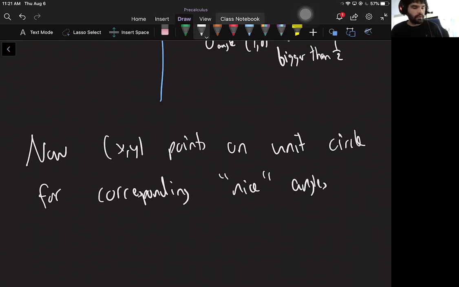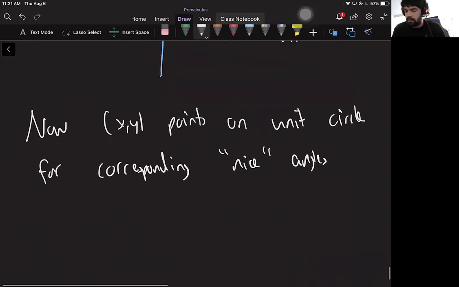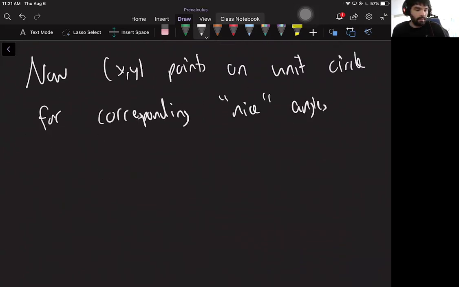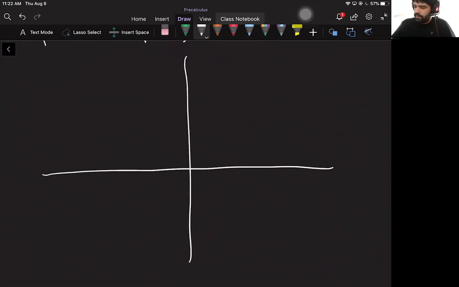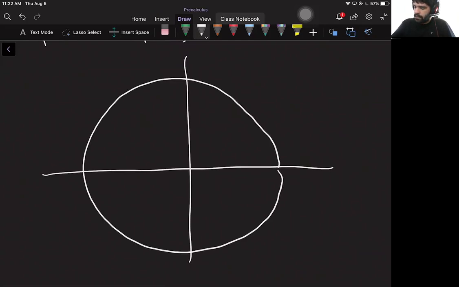Let's see, how do I want to do that? Sorry, let me think for one second. Okay. So let's do that. So the idea is, for example, if here's the unit circle, and this guy is pi over 4, then this point is root 2 over 2 comma root 2 over 2.